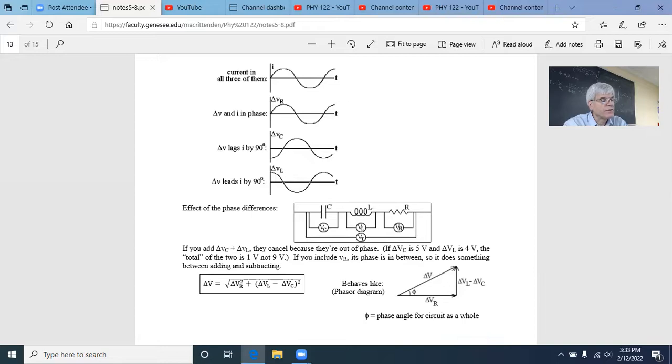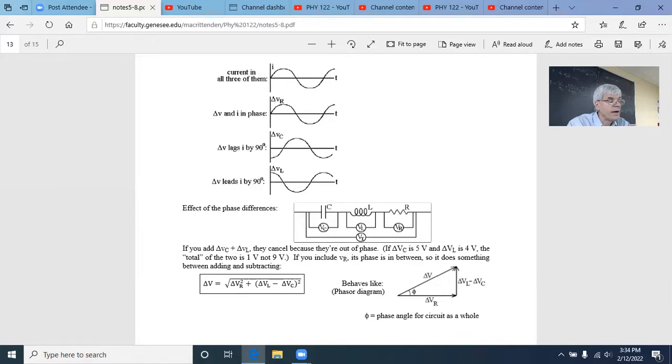The voltages vary because of the phase differences. Okay, Eli the Iceman. For the resistor, second graph from the top, that rises and falls along with the current. For the capacitor, the voltage lags. So for example, right at the beginning of the graph, the current is going up through zero.